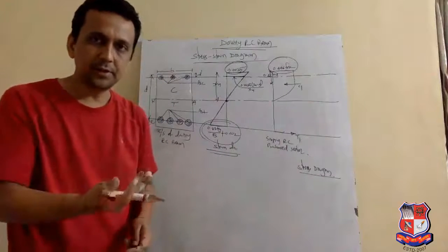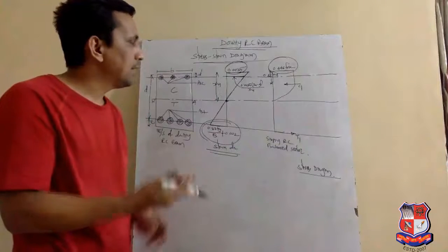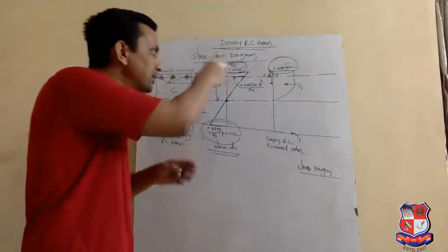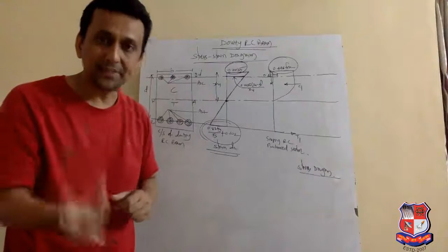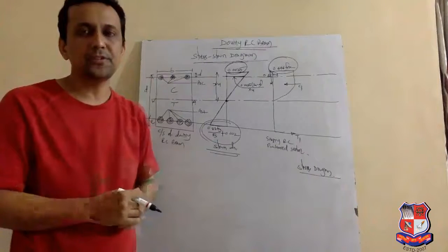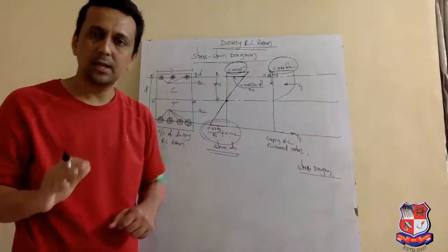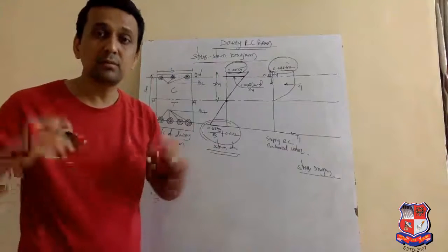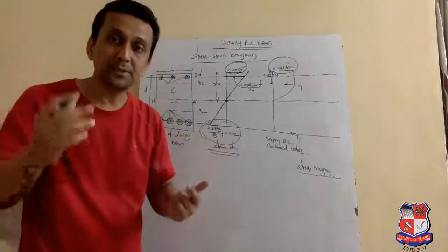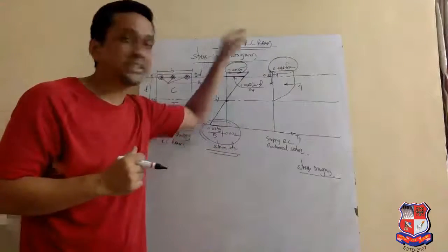In other words, when the compressive stress in the beam exceeds 0.446 fck, the beam will fail in compression. Again, it is quite difficult to visualize the failure of the beam in terms of stress.